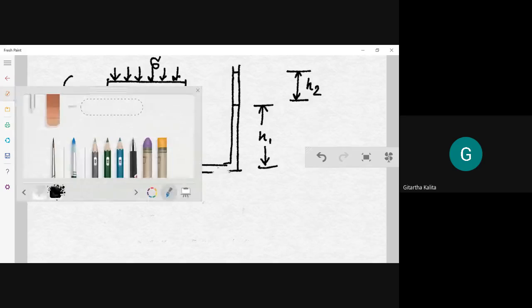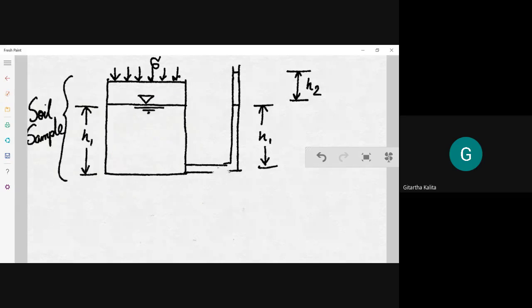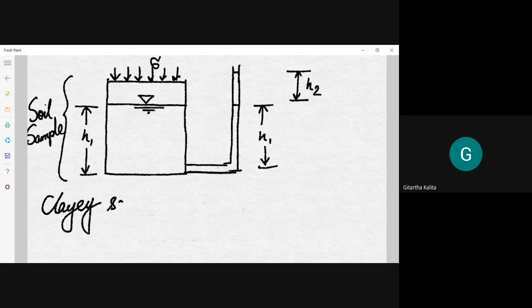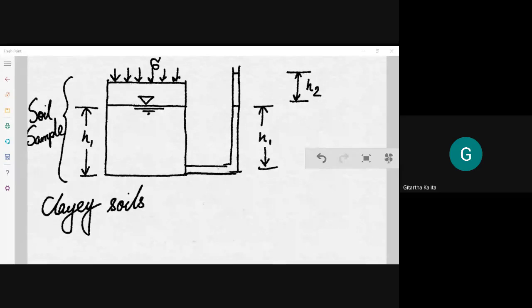So now, water has taken the stress, and this will happen in clay soils. Water will take the stress in clay soils because at the very beginning, water will not go out of clay soil, since the water is packed by the clay soil.